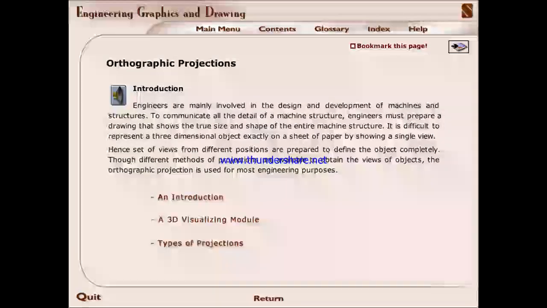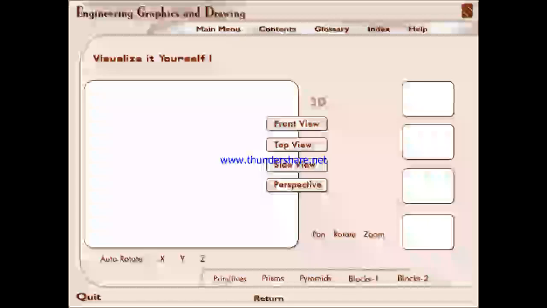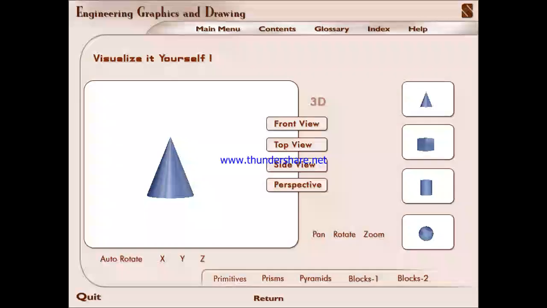Now visualizing modules. Let us consider primitives.